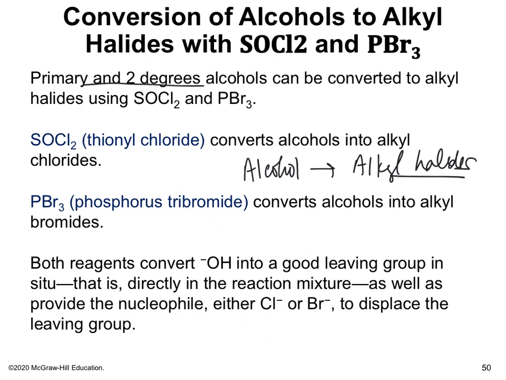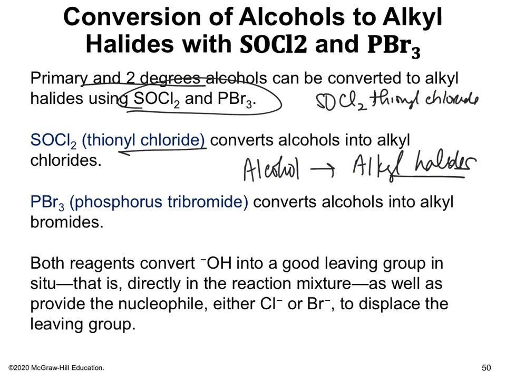So primary and secondary alcohols can be converted to alkyl halides using thionyl chloride, or you can use PBr3, which is phosphorus tribromide. That's going to replace the OH with a Br, and thionyl chloride is going to replace the OH with a Cl.